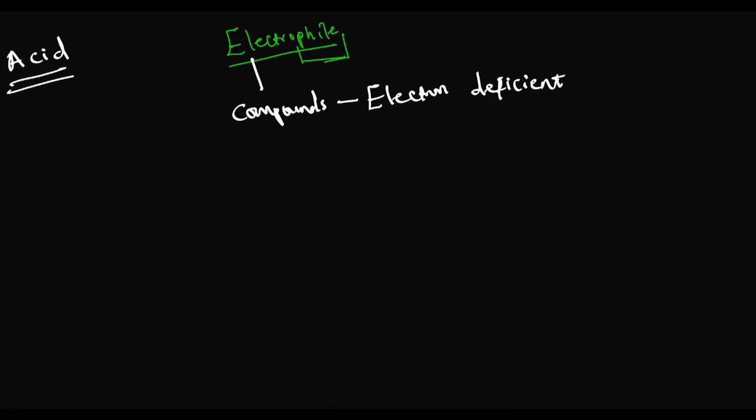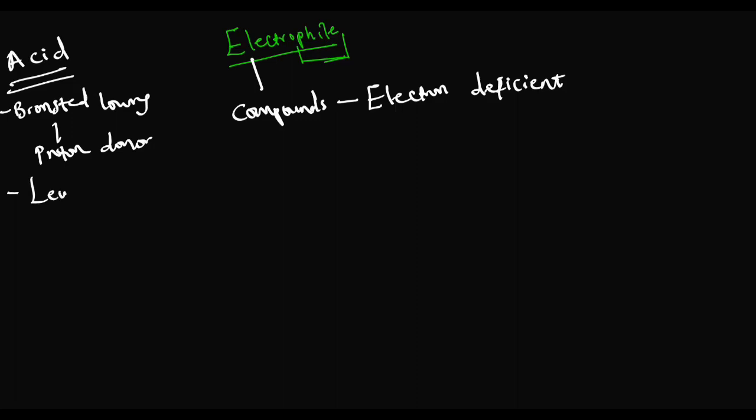The second person is Bronsted Lowry. What did he say about an acid? He said an acid is a proton donor. I'm not particular about the first and second, Arrhenius and Lowry. I'm particular about the last guy, which is Lewis.